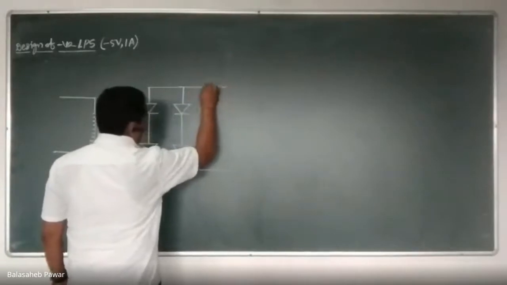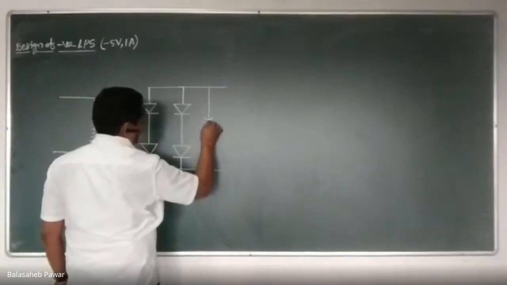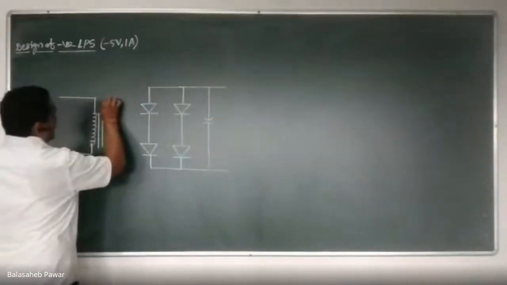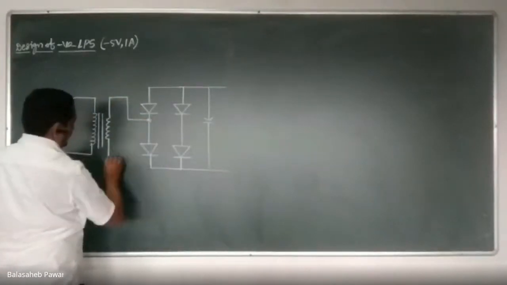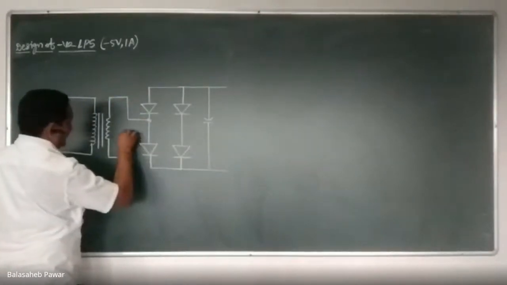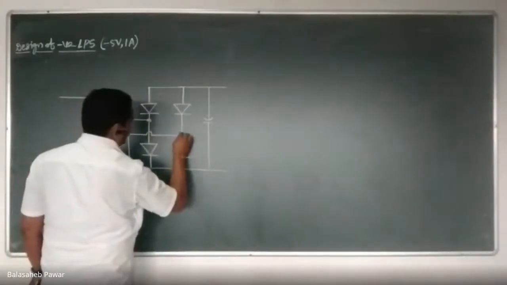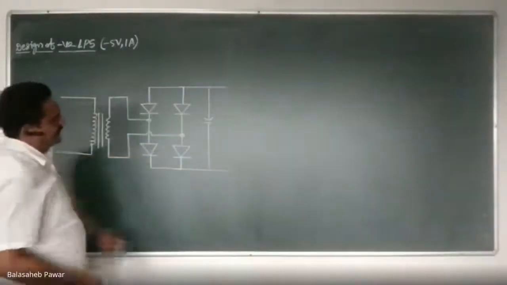The only care you have to take is about the polarity of the connected capacitor. See, it should be like this. Then and then it will produce the pure negative DC voltage. When you compare this circuit diagram with the previous one, you will observe all the diodes are in the reverse direction.